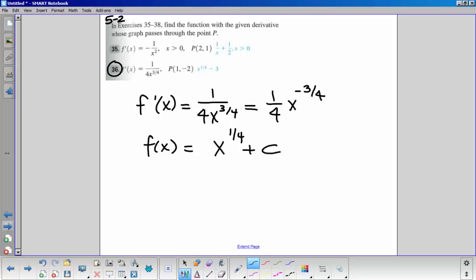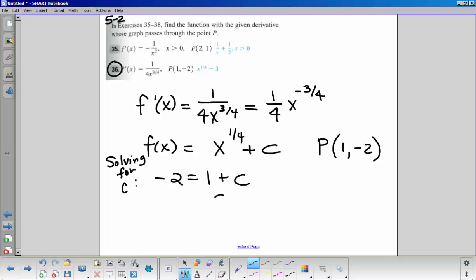But then they said that this function has to go through the point 1, -2. So are they giving me enough information to figure out c? The answer is yes. I'm going to put -2 equals, solving for c. -2 equals, well, 1 to the 1/4 is just 1 plus c, so c equals -3.